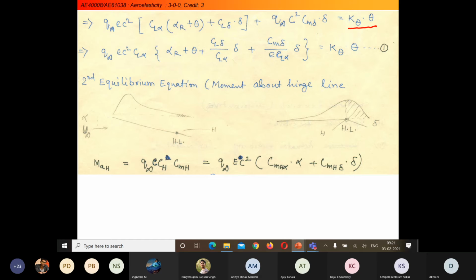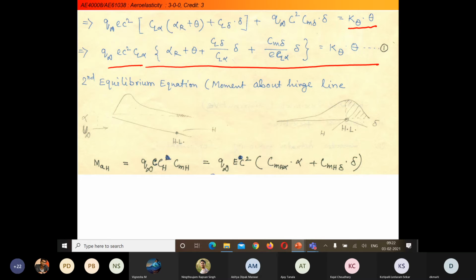Now we are non-dimensionalizing this equation, taking Q infinity E C square CL alpha. Then this becomes alpha r plus theta plus CL delta by CL alpha into delta, plus CM delta by E CL alpha into delta, that is equal to K theta into theta.